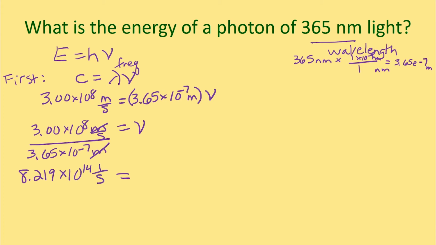Now I should be checking my units. This frequency should be units of inverse seconds or hertz, and it is, so that's good. Another thing I should be checking is that for visible light frequencies, those frequencies between about 400 nanometers and 700 nanometers, this isn't quite in that range, but it's still in hundreds of nanometers. I expect that the exponent for the frequency should be 10 to the 14.